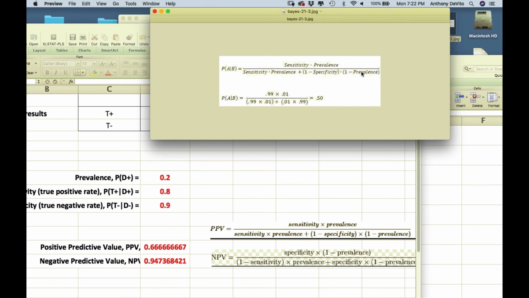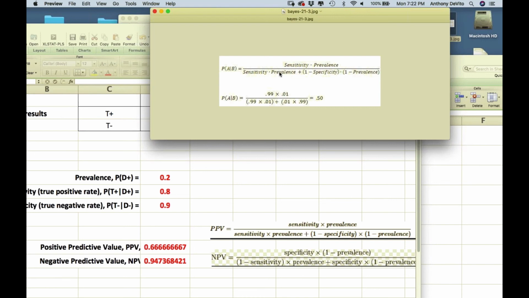Times 1 minus the prevalence, that would be 90%, right? Because the prevalence is only 10%, so 90% of the people don't have the disease. We get it wrong 10% of the time, right? So if we multiply those, we get the percentage of people in the population that don't have the disease and test positive.